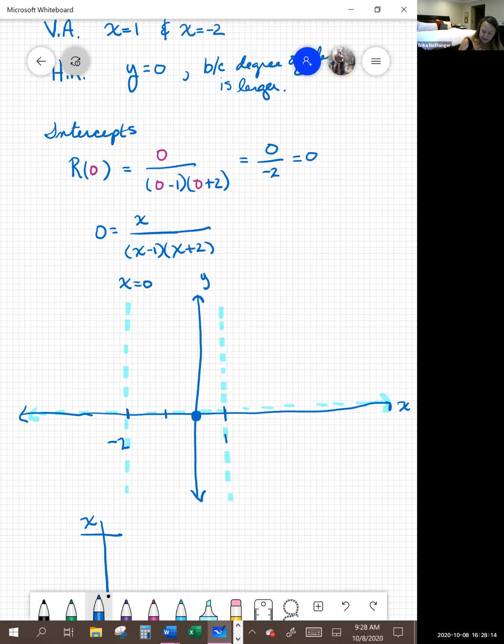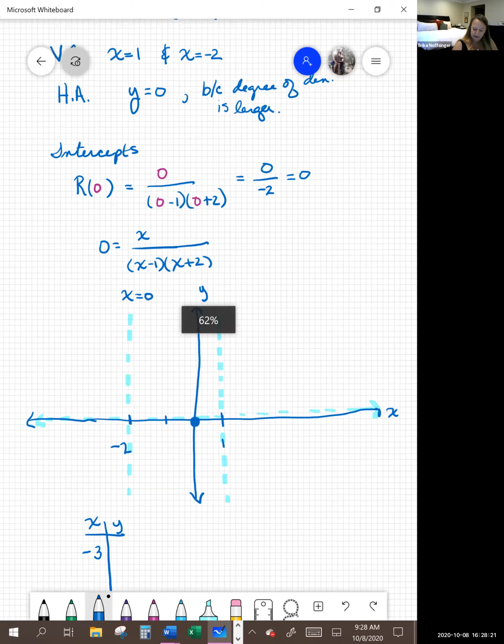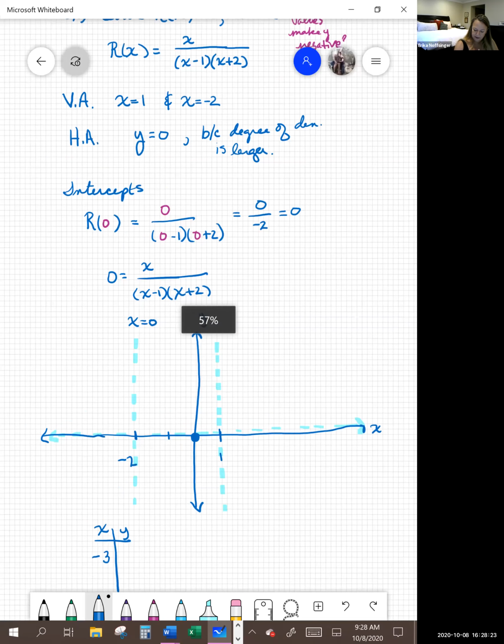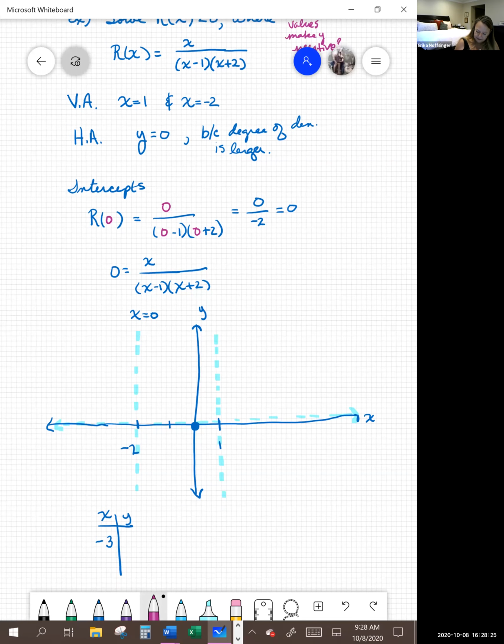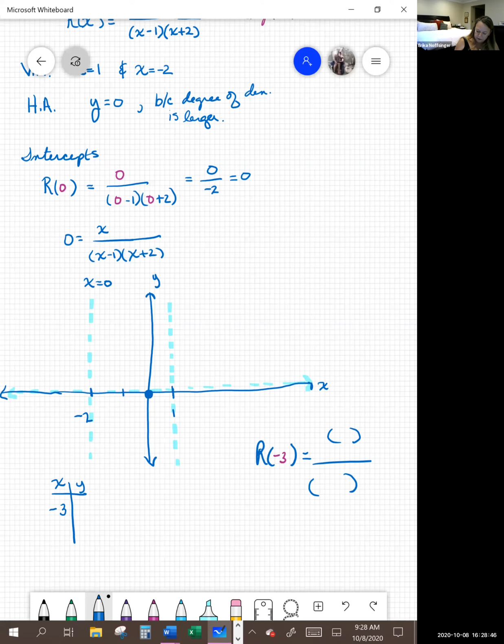So let's say x equals -3. If we plug -3 into our equation, let me just do it over here. r of -3 is equal to -3 all over -3 minus 1 times -3 plus 2.